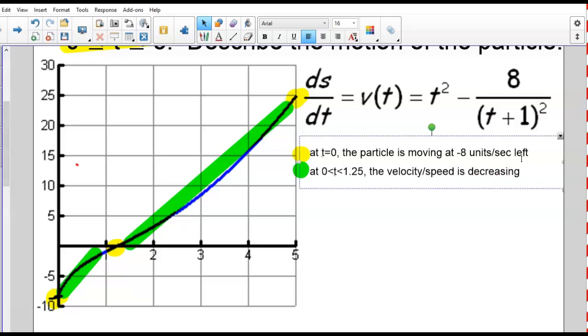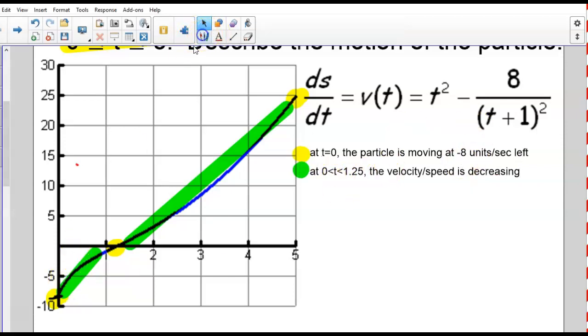Let me explain what I mean by this. From 0 to 2.5 in terms of x. So from here, from 0 to 2.5 right there, or that yellow dot. Y'all see it? That's from 0 to 2.5, which refers to this green line right here. What we're saying is the velocity and speed is decreasing.